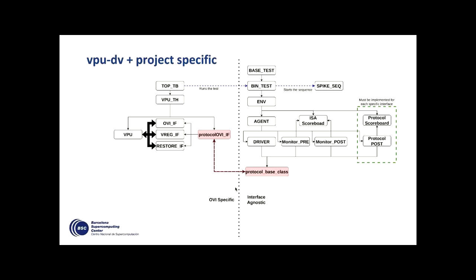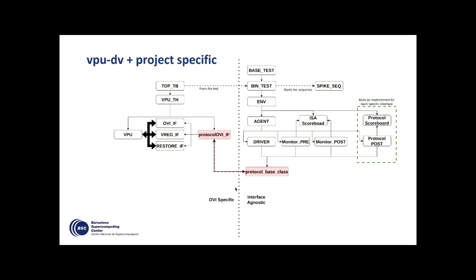Other methods collect completed instructions and the results and send them to the ISA scoreboard, which is a scoreboard that is common to all of the projects and it has checkers for the ISA. We have another scoreboard called the protocol scoreboard, which has specific checkers for the interface and is implemented in the project-specific environment.